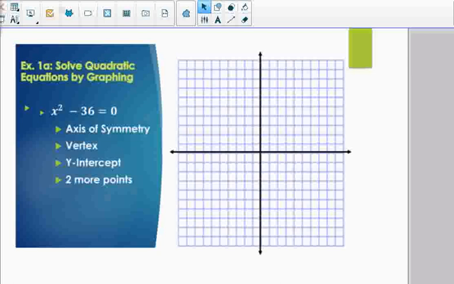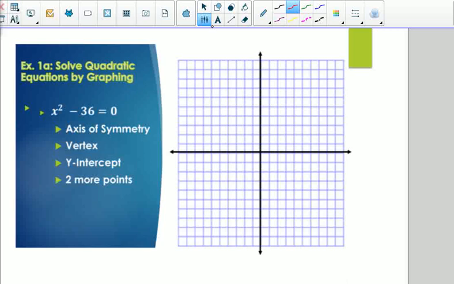So we have x squared minus 36 equals 0. You notice I'm missing the plain x term, the middle term. Anytime you are missing the middle term, your axis of symmetry is always the y-axis. So I'm going to draw my axis of symmetry on the y-axis.